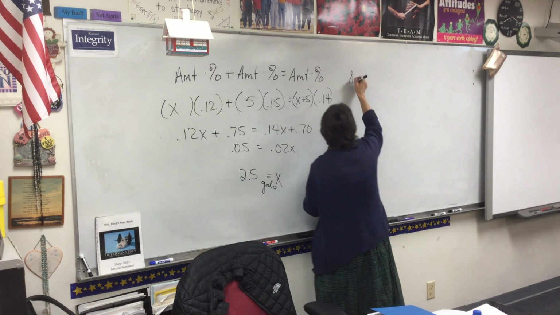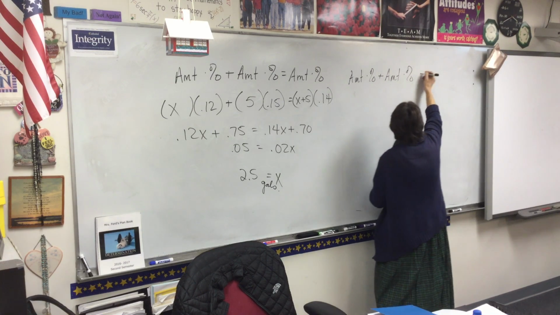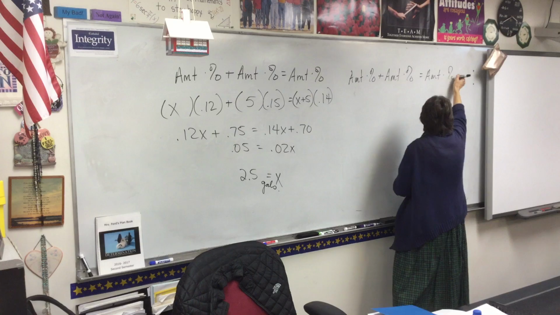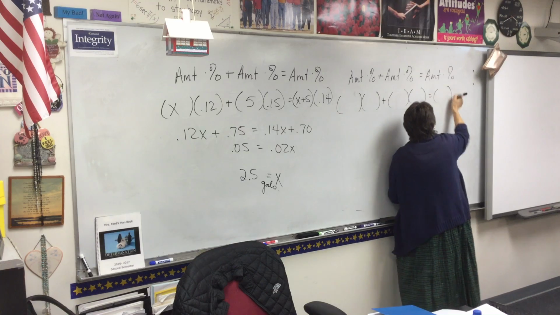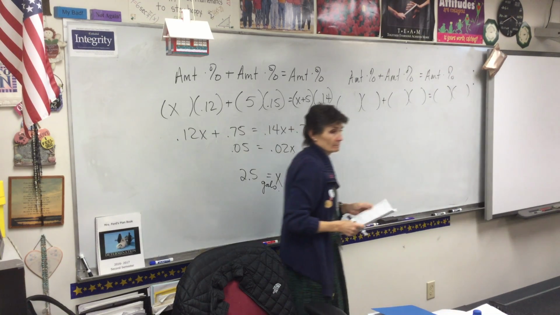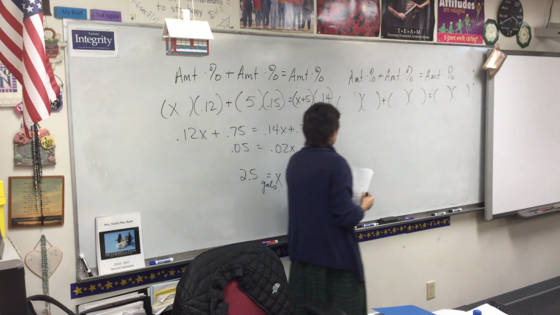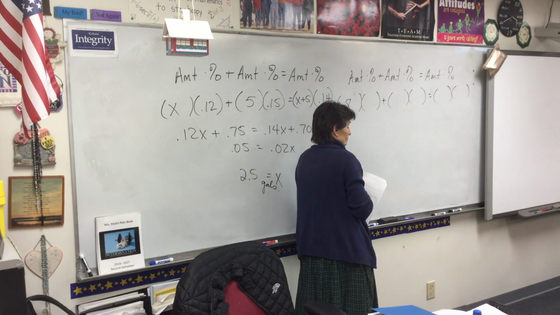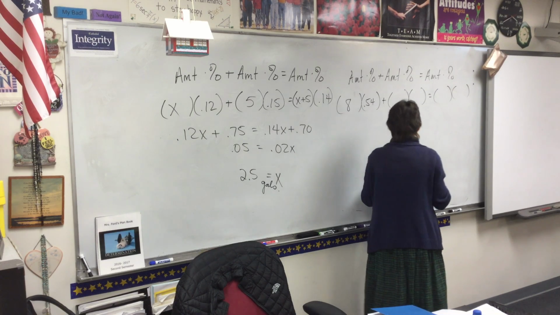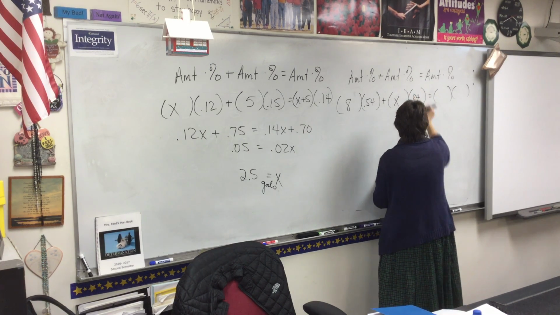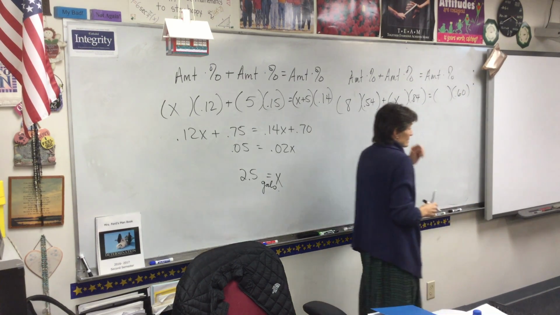Whoop, I got another one. So amount times percent. Eight cups of 54% acid is mixed with some 84% acid, a 60% solution results.